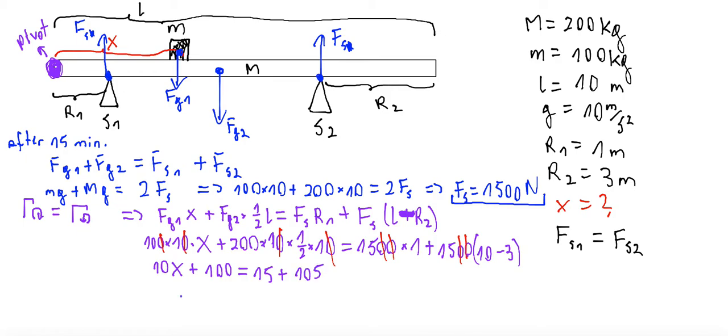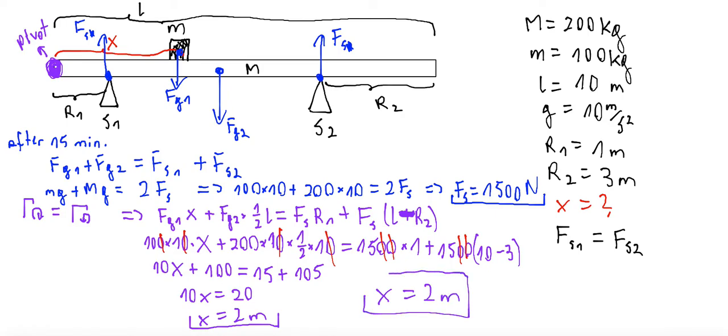Okay, so 10x is equal to 120 minus 100 is equal to 20, and x must be equal to 2 meters. Oh, nice result. So when x is exactly 2 meters, then support 1 exerts on the rod the same force as support 2.